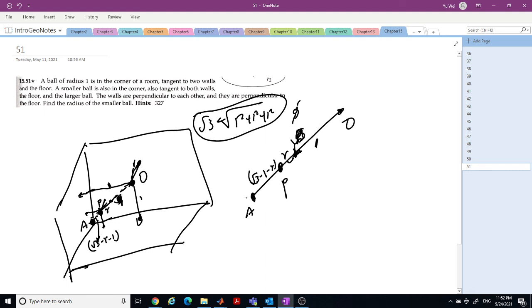Think about it. The length of this segment can also be calculated based on these three R's in a cube.